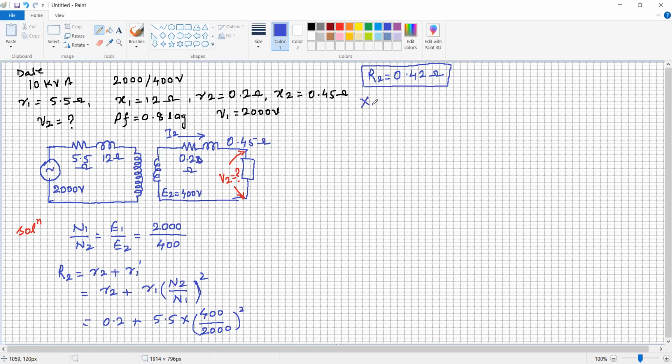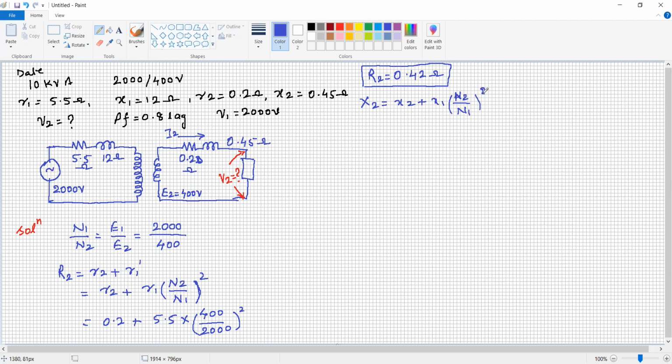Similarly, the total equivalent reactance referred to the LV side is X2 plus X1 (N2 upon N1) bracket square.